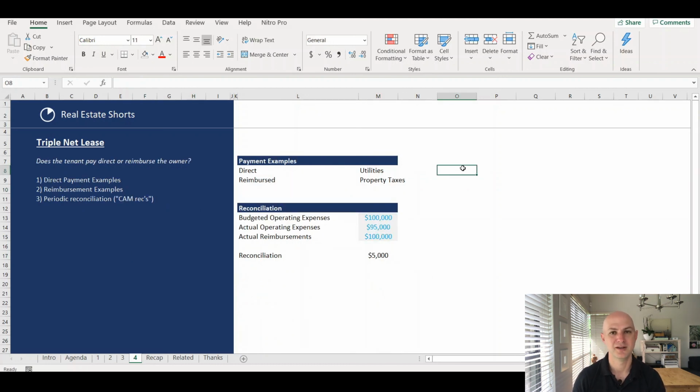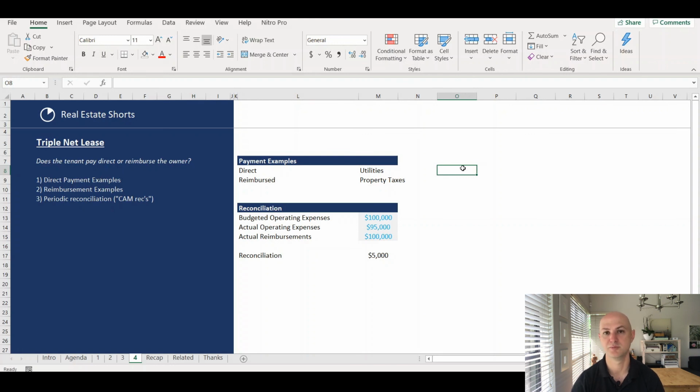So does the tenant pay direct or does the tenant reimburse? And this really becomes this debate around management, about accounting, about preference at the owner's level. So as an example, it's really easy for you to push the bill on utilities onto the tenant.